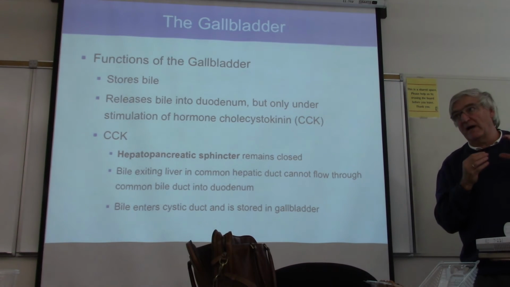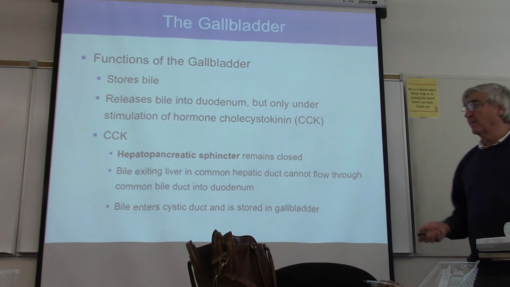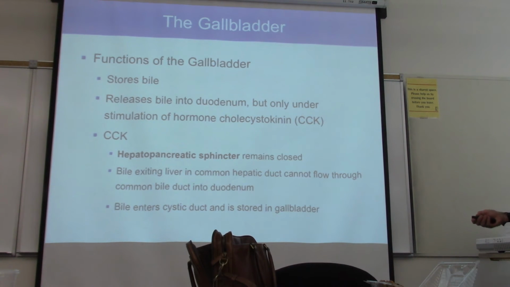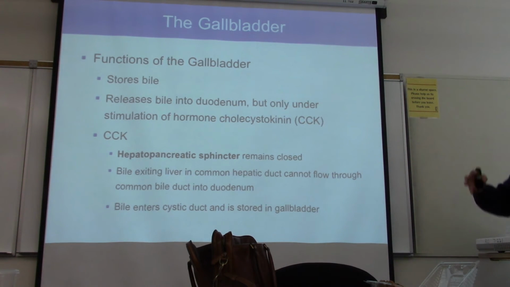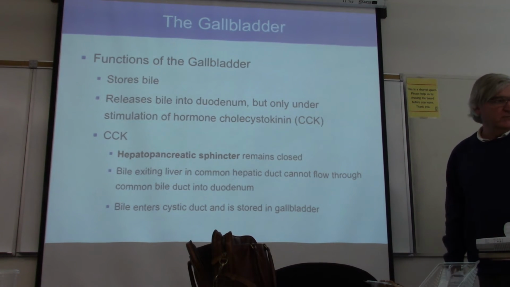We need some bile to mix with it, to emulsify the fat. And so the duodenal papilla opens up, the gallbladder squeezes down, and it pushes the bile down into the duodenum to mix with the food. But like I said, it doesn't really matter. It does just fine if it dribbles in all day long.